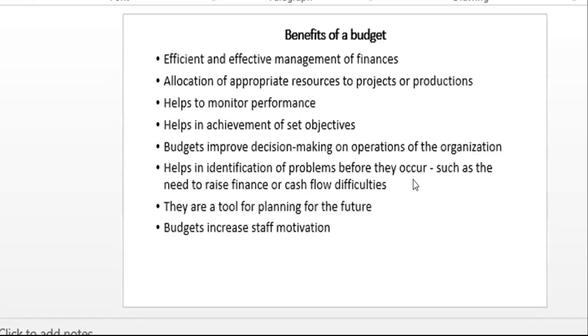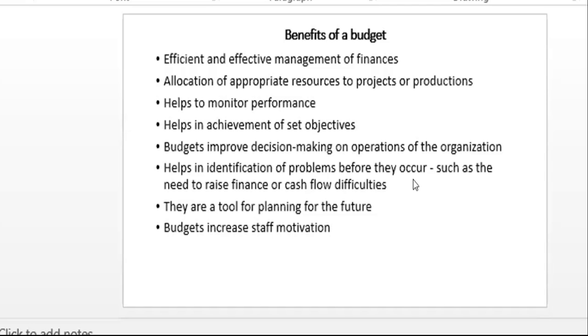You could be a human resource manager, it could be a production manager, all right? But by having budgets, you will always be trying to effectively manage the finances of the organization in one way or the other.